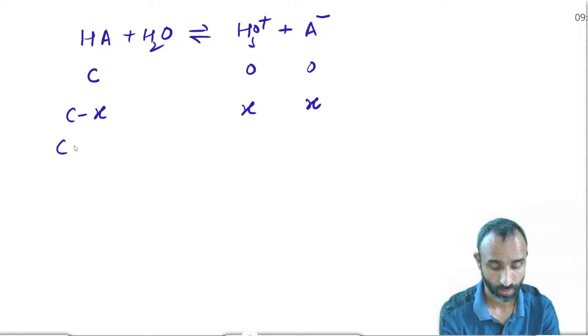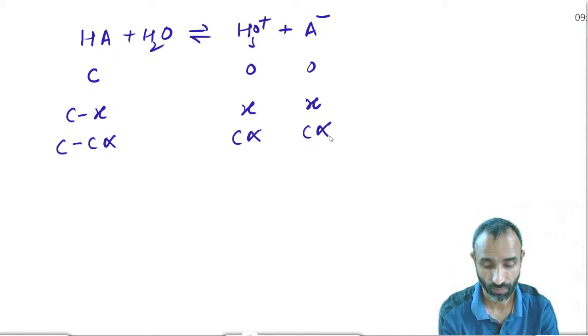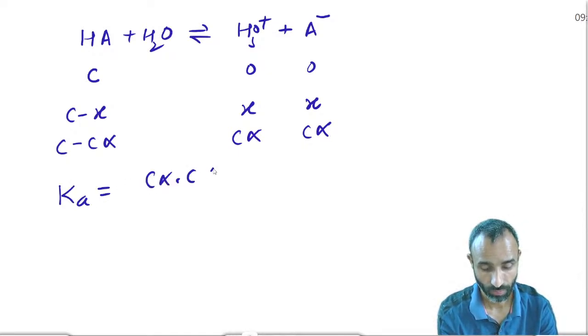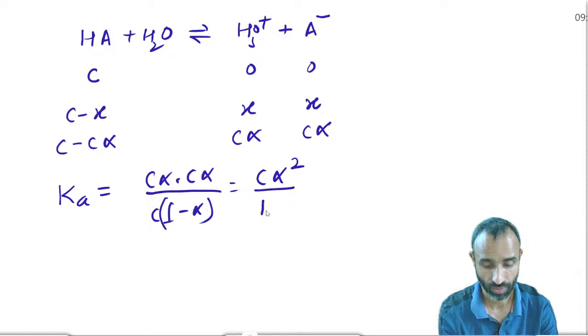So Ka equal to C alpha into C alpha upon C into 1 minus alpha. So it is C alpha square upon 1 minus alpha.